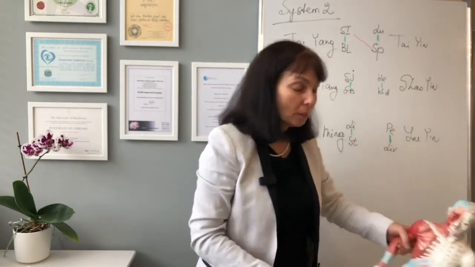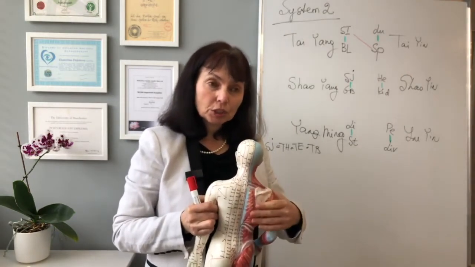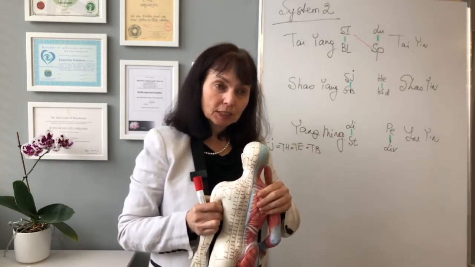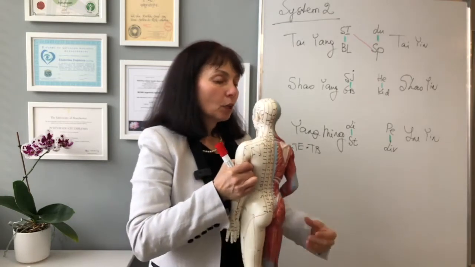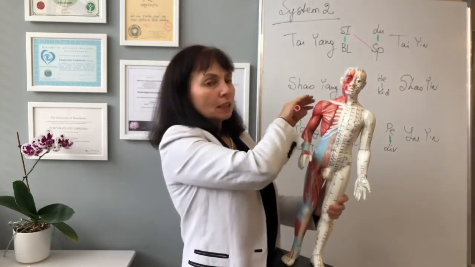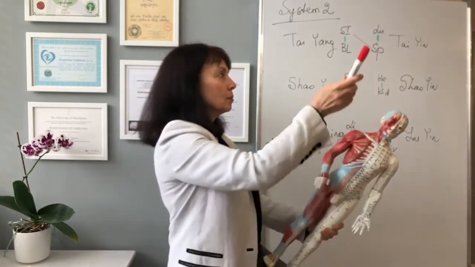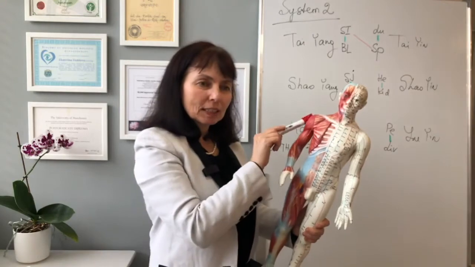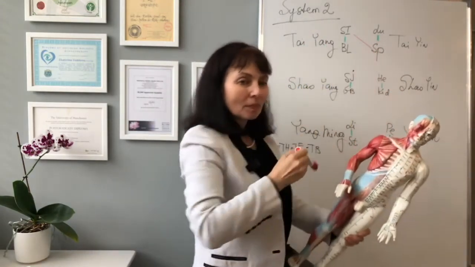For example, pain in the scapula over here. According to step number 1, which meridian is sick? Small intestine. If we go to step 2, which meridian will balance small intestine according to system 1? Bladder. Which meridian will balance small intestine according to system 2?